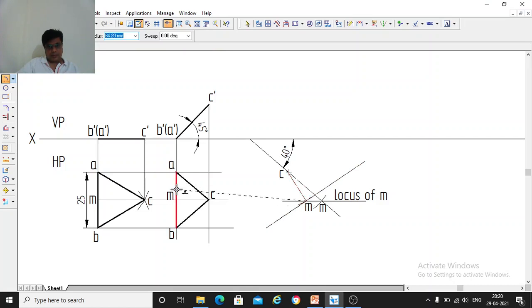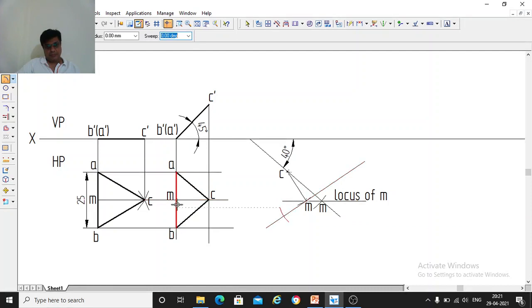And that arc length is this much MA. You measure that and draw the arc here. So this is point A. So this point is now here A.